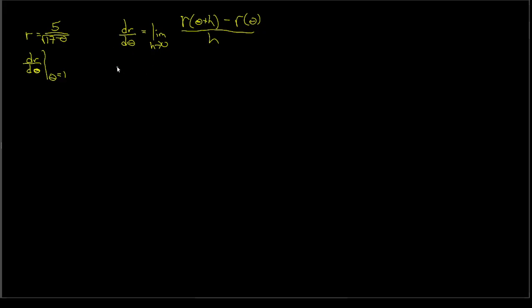Now, to make this a little bit neater, as this does take a little bit of effort, we're going to pull out the 1 over h, so we can look at r of theta as being 5 over the square root of 17 minus the quantity theta plus h, minus the quantity of 5 over the square root of 17 minus theta.